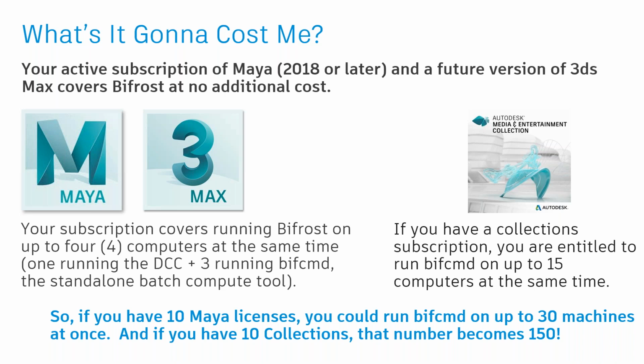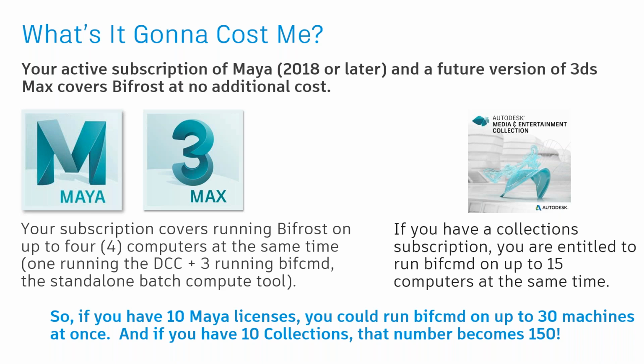Also for your simulation, because the files can get heavier, you can't just do all the simulation on one single machine. So you can split the simulation across various other machines, like how you do background rendering with Arnold. The simulation can be done using engines, and with the Media and Entertainment industry collection, you get 15 Bifrost engines to simulate on different machines.